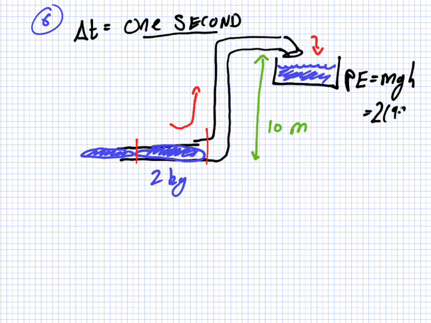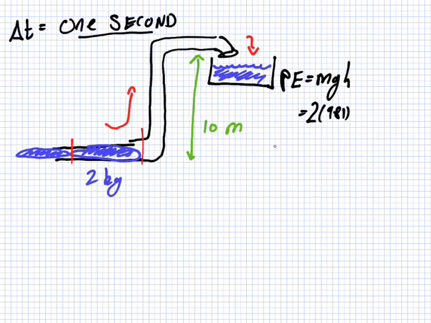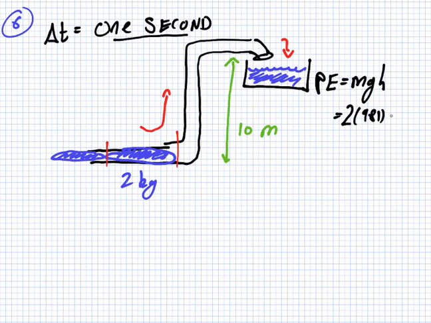And the g is 9.81. After 1 second has passed, 2 kilograms of water came out here. So what is that now? That's 2 times 98.1, which is 196.2.